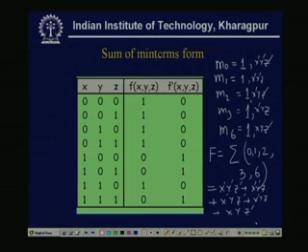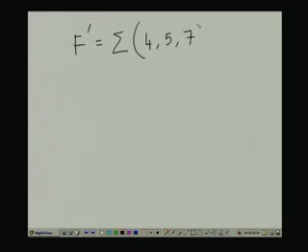Now, if we take the f complement, see here only m4, m5 and m7 exist. So f dash will be the sum of 4, 5, 7.